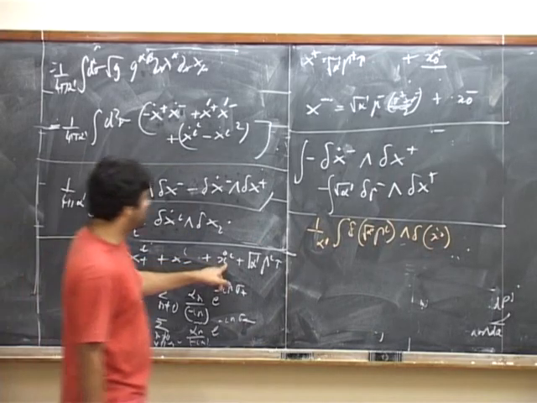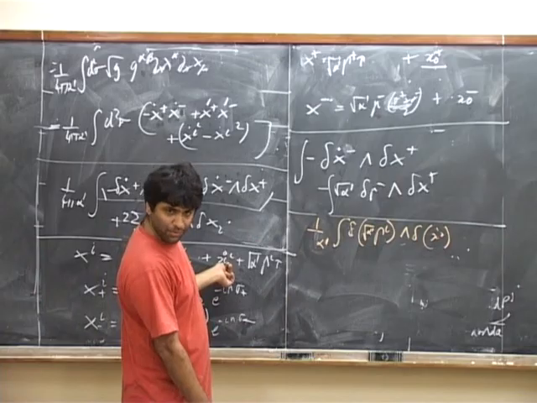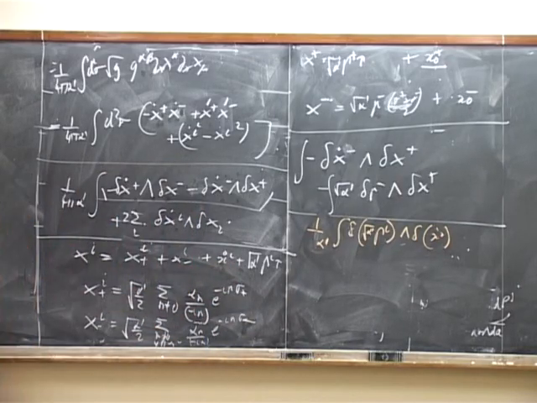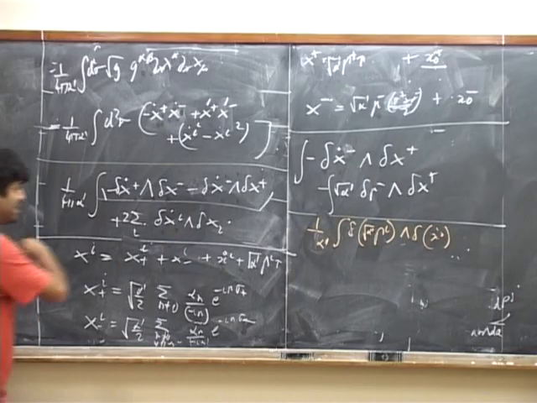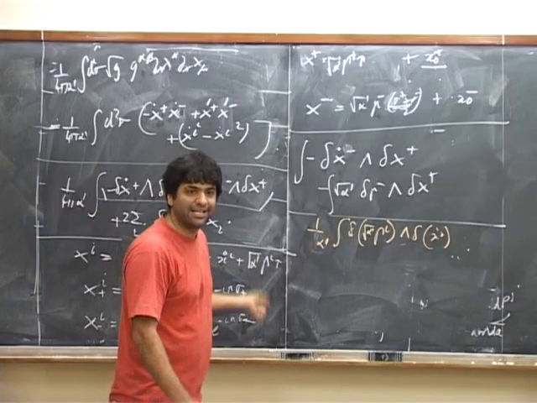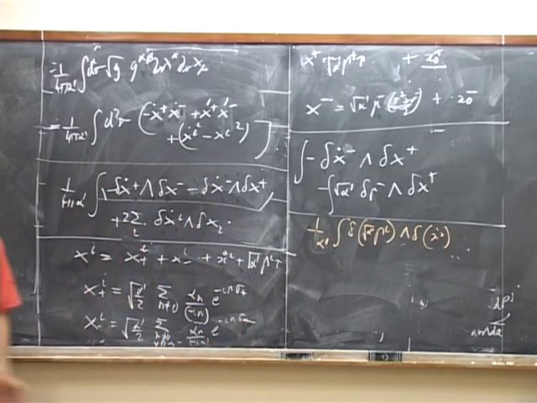When I do x dot, I don't get anything from x0. And I'm doing it at tau equals 0, so at tau equals 0 this thing is 0 unless I take a time derivative. Is this clear?